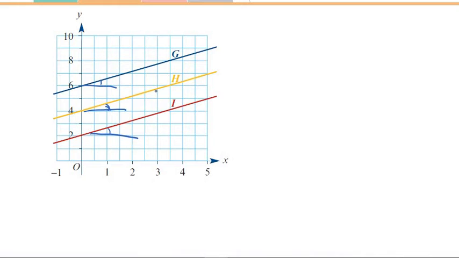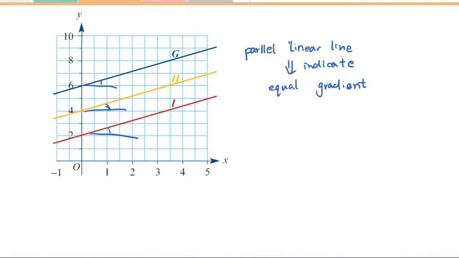We learned that gradient is about the angle, so when the angles are the same, they have the same gradient. So the gradient for line G, line H, and line I are all the same, because the lines are parallel. So let's write down: parallel lines indicate equal gradient.